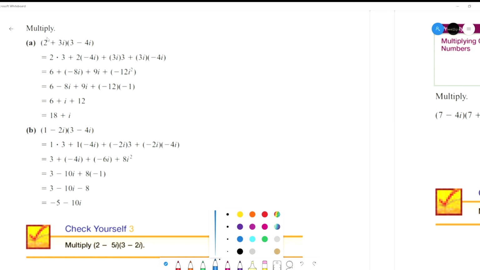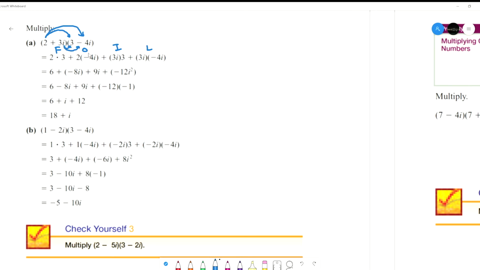When we did foiling, 2 times 3 is 6, and then 2 times negative 4i is the second term. So this is like first, outer, inner, and last. So the inner is 3i times 3, and then the last is 3i times negative 4i. Okay, so hopefully that's pretty clear.